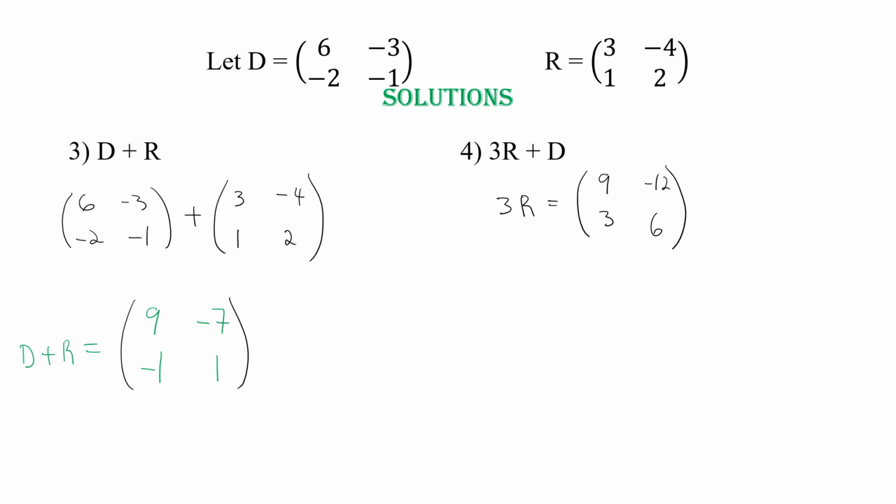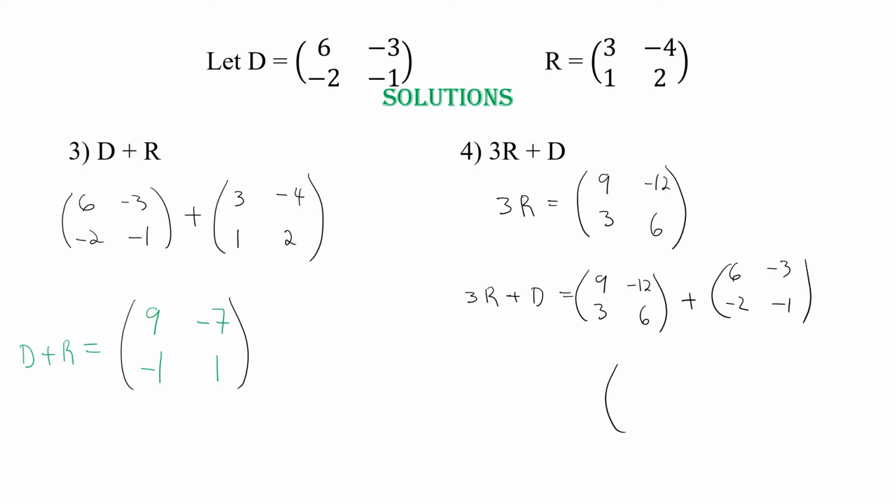So now we could do 3R plus D, which will be equal to 3R, which is 9, 3, negative 12, and 6. And we are adding D. No changes are made to D because D has no scalar in front of it. So we just leave it just like that.